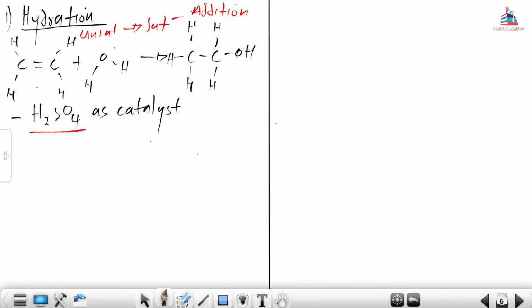So we need to know exactly what we are working with. So I'm going to move now to the second one, which is halogenation. Remember we said it is addition of a halogen. So I'm going to write it down here.